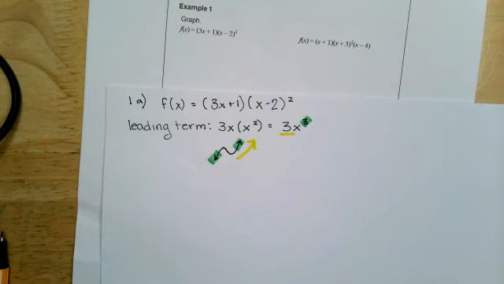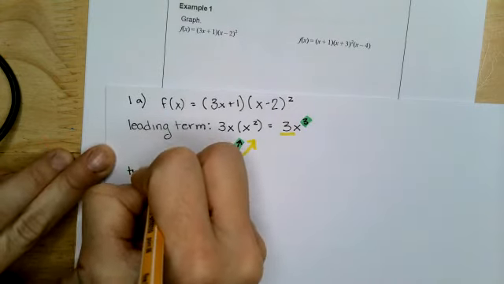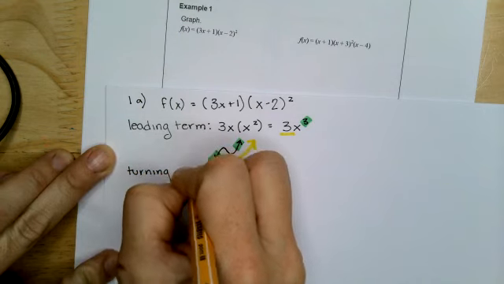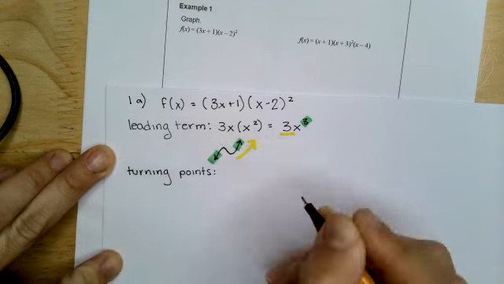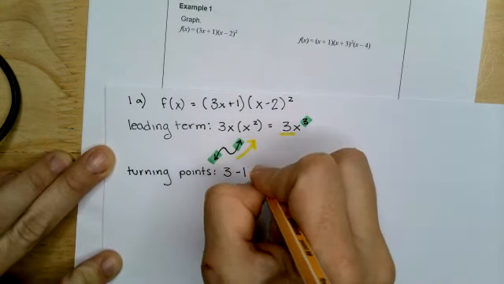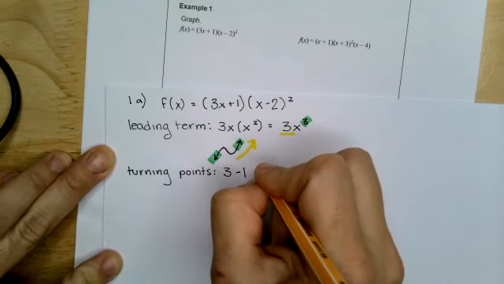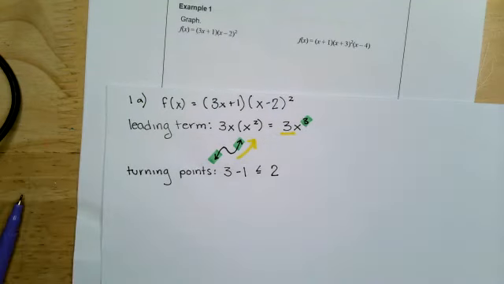All right, let's decide how many turning points it has. The leading term is 3x cubed. The number of turning points is your total degree minus 1. So that's 2, and it could be, remember, even less than that. So it's less than or equal to 2.